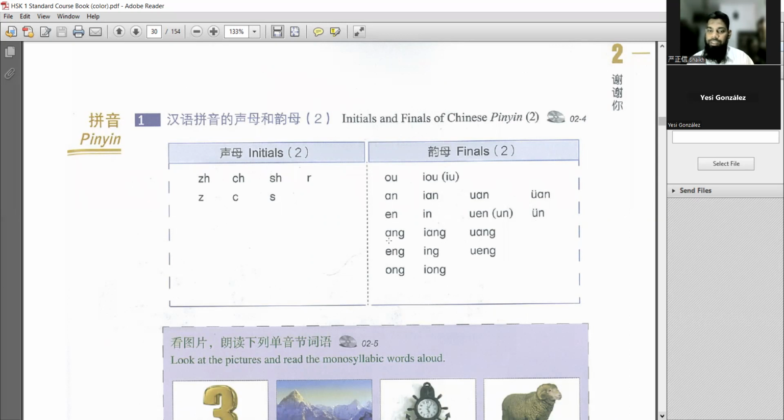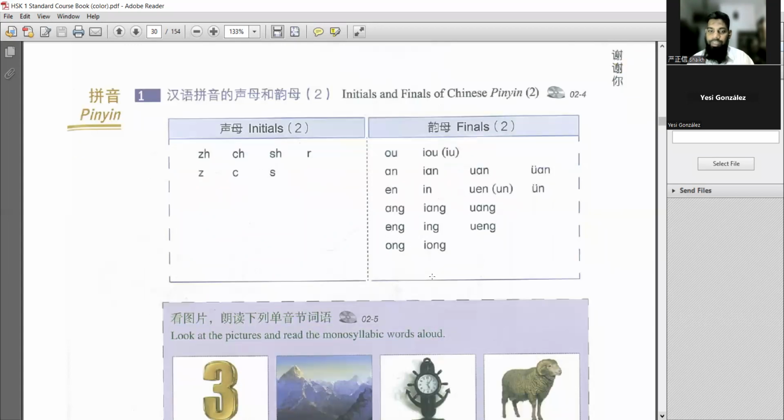This is ang, yang, wan, wan, ang, in, wang, wang, ong, yong, yong. So these are the rest of the initials and finals.